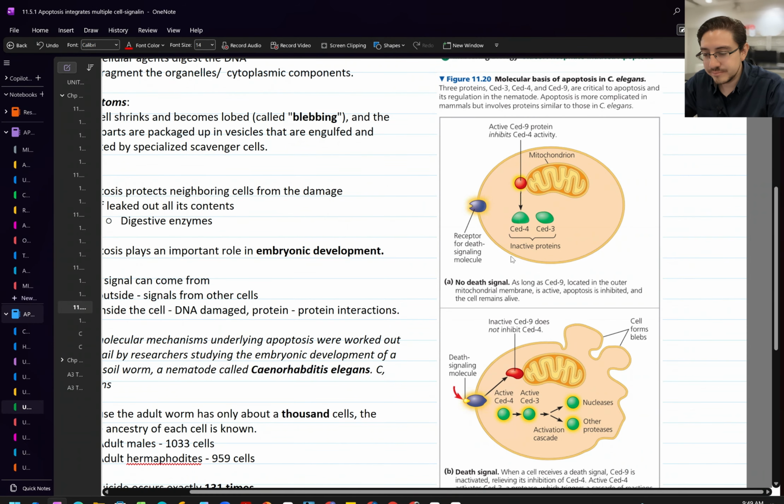We do have many caspases, around 15 different caspases, to carry out apoptosis. Depending on the cell type and the particular signal, you will get apoptosis starting.